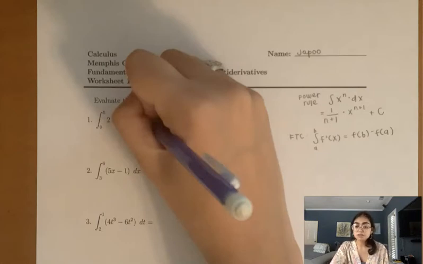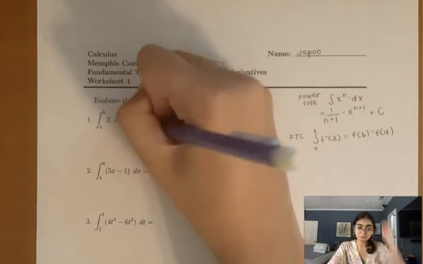If we're going to take the antiderivative of 2 times x to the 0 power, we add 1 to the exponent. So we add 1 to 0 and then divide by that new exponent. So we now have 2 times x divided by 1, which is just 2x, right?